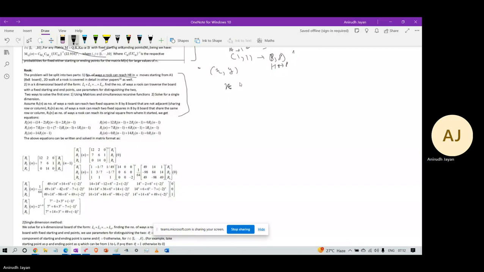Now, a rook's valid move will be x star, alpha y, or x beta, where alpha is not equal to x and beta is not equal to y. This is a valid move, and alpha, beta, x and y of course belong to 1 to 8. So a rook starting from x, y can either move to alpha y or x beta.